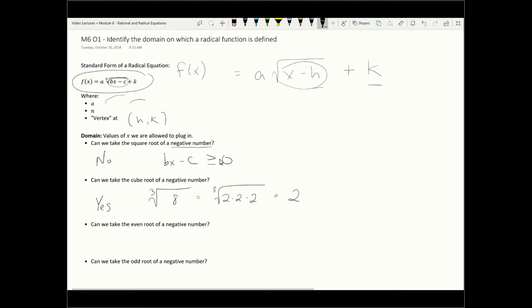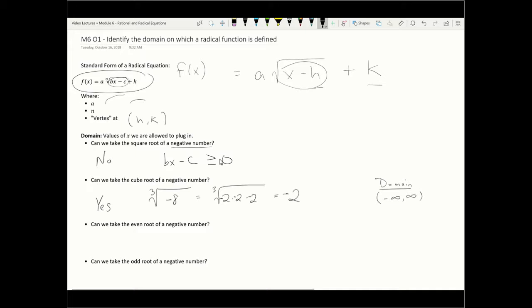If we think of cube root as taking 3 of a kind out, if this was a negative 8, well, I can think of this as 3 copies of negative 2. So we actually don't have any issues with cube root. So for cube roots, the domain would be negative infinity to infinity.